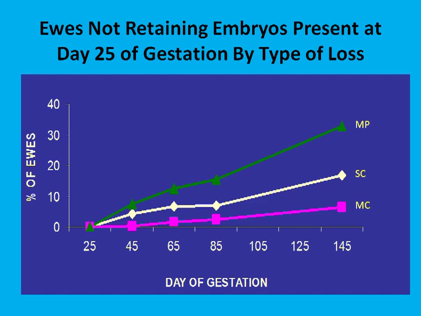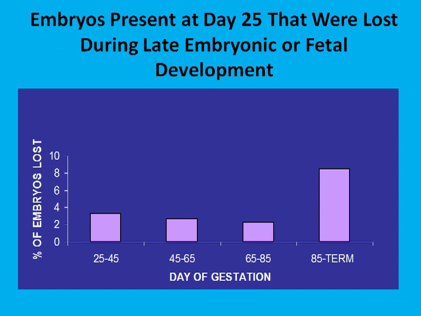About 2 or 3% of the embryos that are present at day 25 are lost by term. So why do those losses occur? This shows the numbers of losses, and here you see it, 2 to 3% each period.